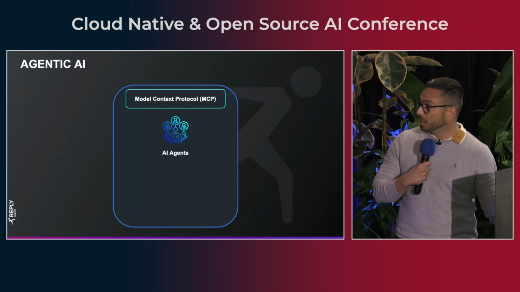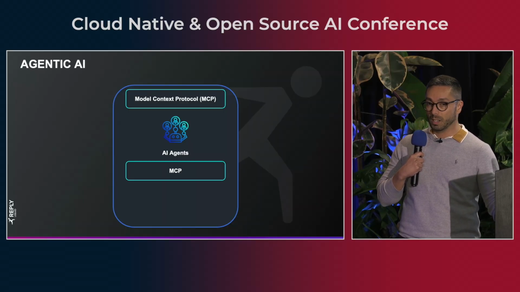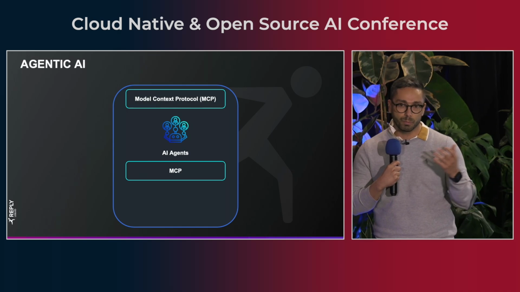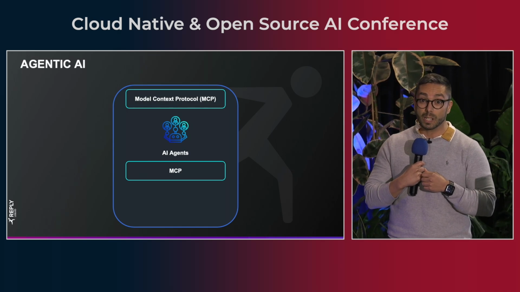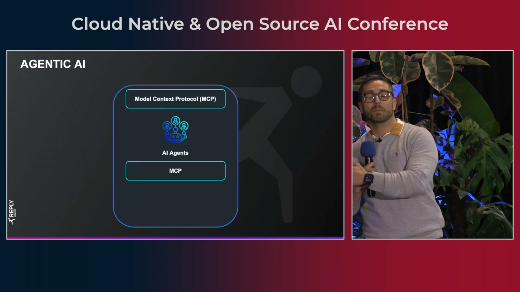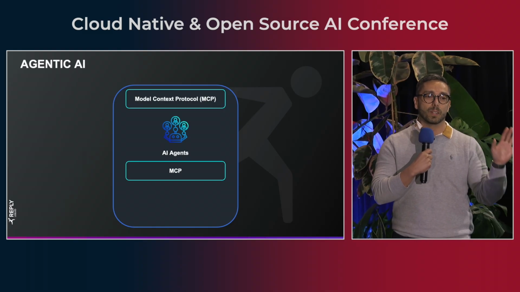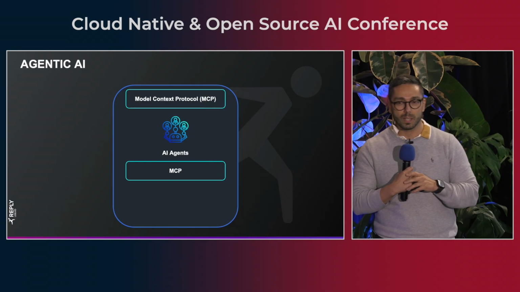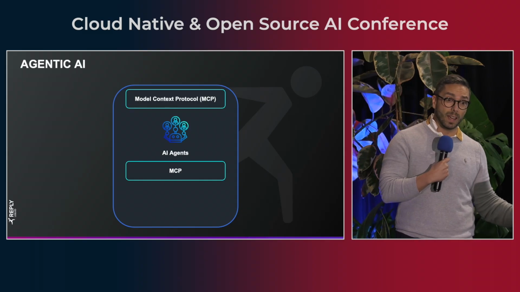MCP, the Model Context Protocol, is a term that I think we have heard a lot in the last 2 years. In all the platform engineering talks I attended at KubeCon back in Amsterdam, this was everywhere. Everyone was talking about MCPs. And some people were saying MCP is dead.